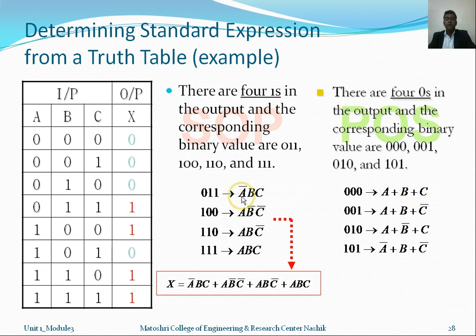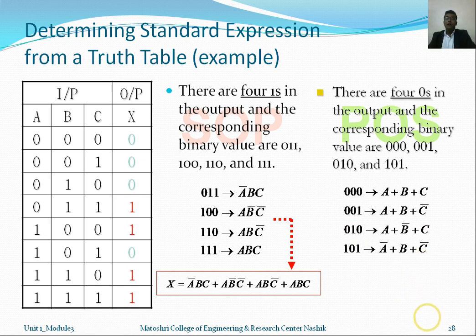In case of SOP, it's a product term. For 0 0 1, A is without complement, B is without complement, but the value of C is 1, so we take C as a complement. Similarly for 0 1 0, A is without complement, the value of B is 1, so we take B as a complement, and so on.